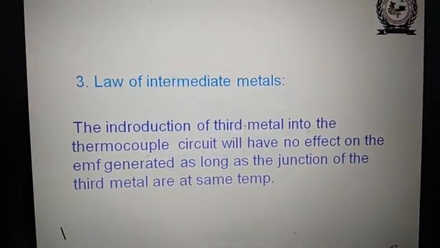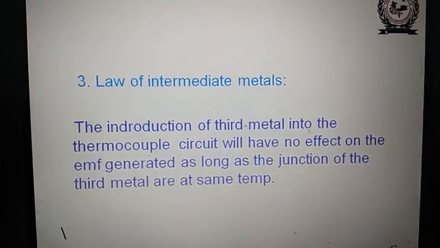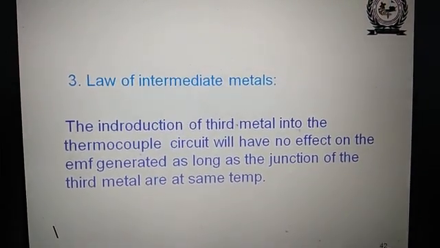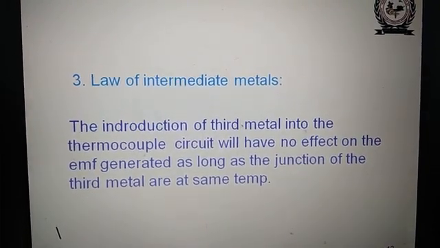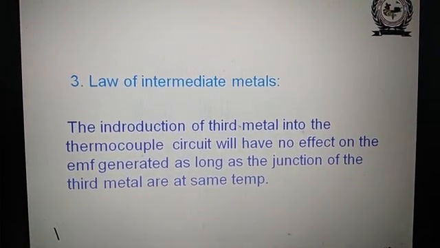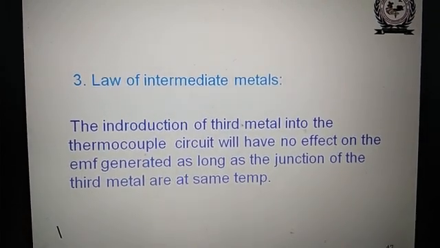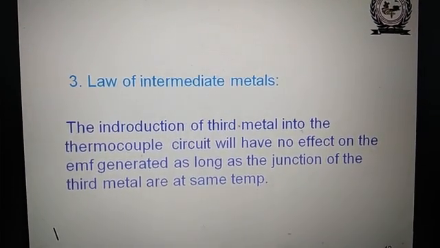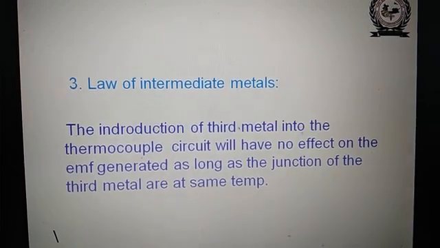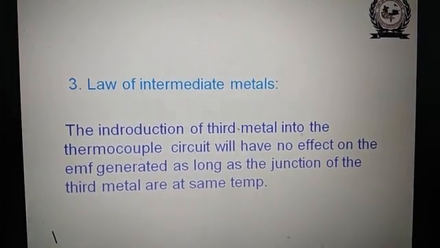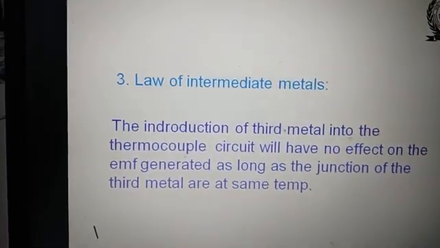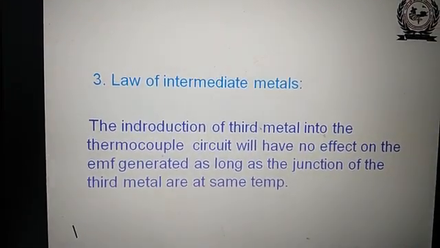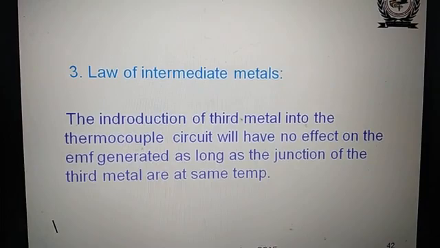The third law is the law of intermediate metals. It states that the introduction of a third metal into the thermocouple circuit will have no effect on the EMF generated as long as the junctions of the third metal are at the same temperature.